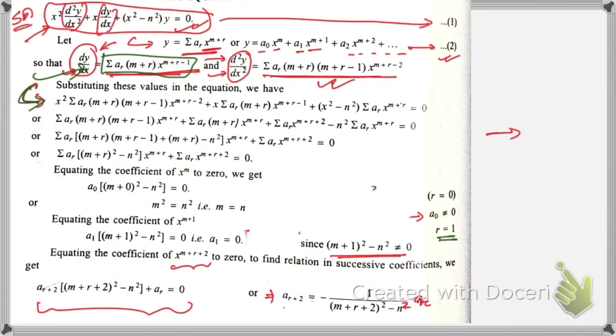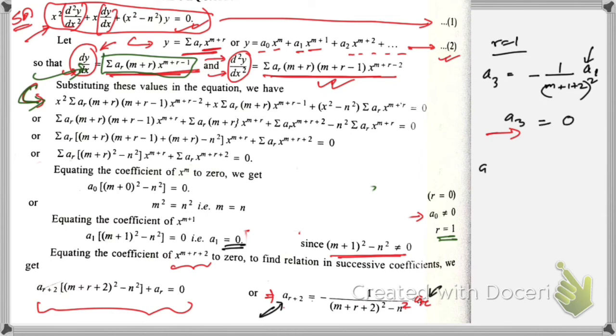From here, if you put r equal to 0, you will get a1 equal to 0. If you put r equal to 1, then you will get a3 equal to minus 1 by (m plus 1 plus 2) whole square times a1. Since a1 is equal to 0, this term is 0, because 0 into anything is 0.